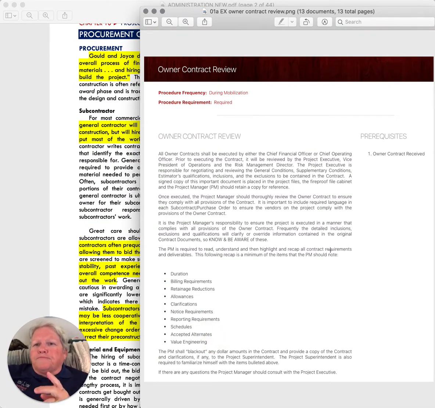And so, in order to live up to the agreement, because the contract is the agreement between the contractor and the owner, it's very, very critical that all the managerial staff on the project review that contract before they commence work. This includes the project manager and the superintendent.